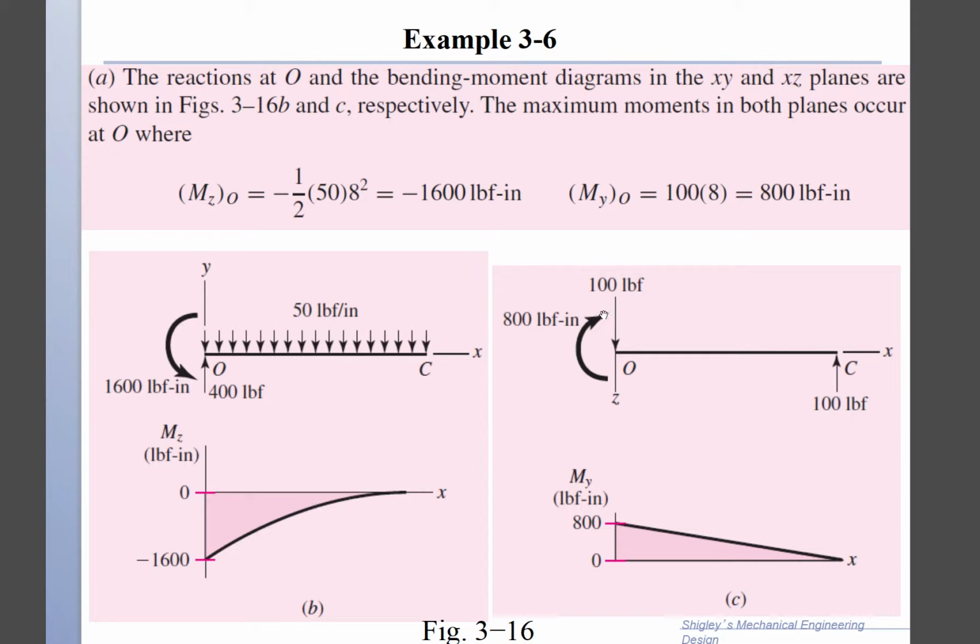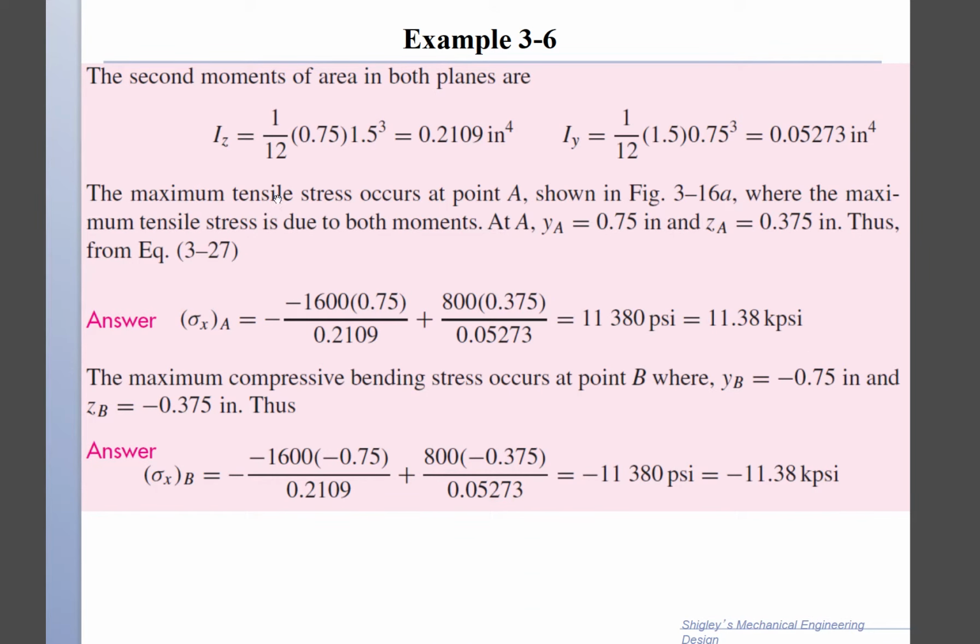The concentrated load gives you a moment of 800, resisting the concentrated load, and it goes down to 0. Now I have all the tools that allow me to calculate. The worst case is at the connection between the cantilever and the wall, where I have 800 My and minus 1600 Mz. So I need to figure out the stresses.